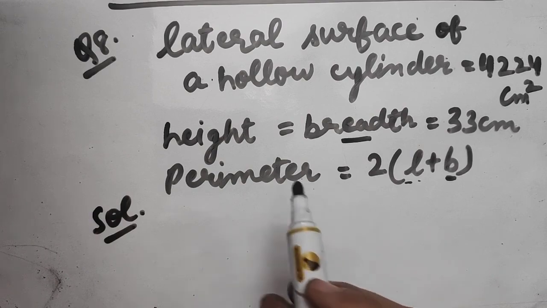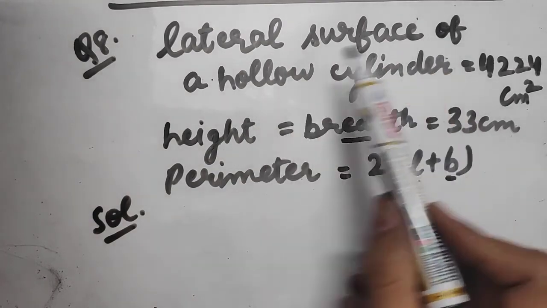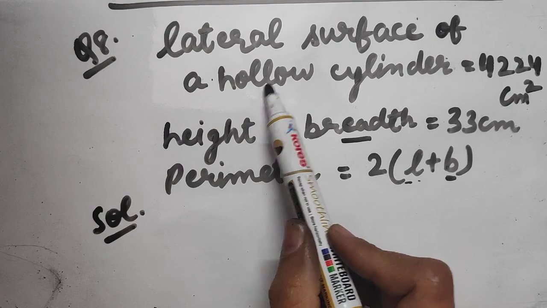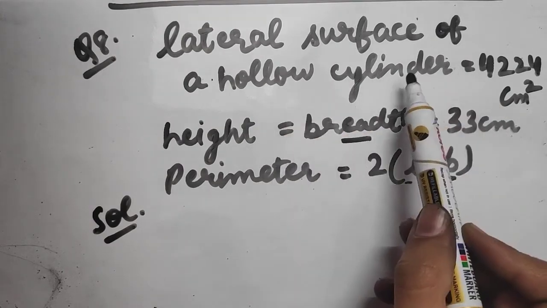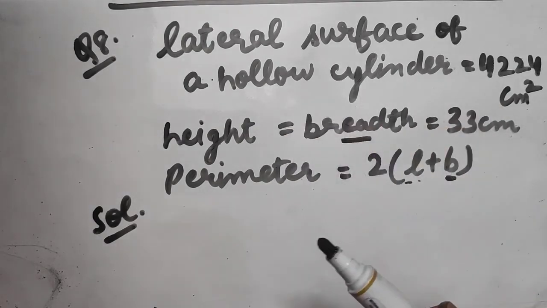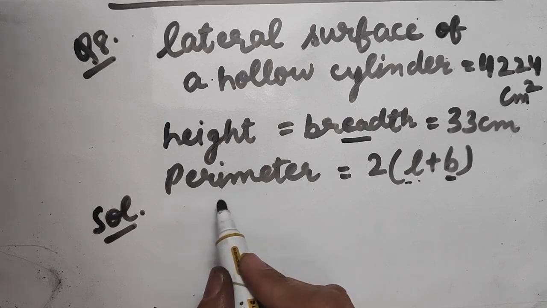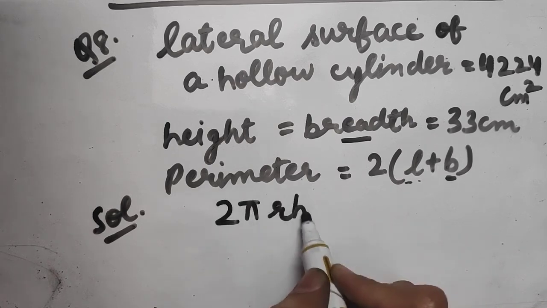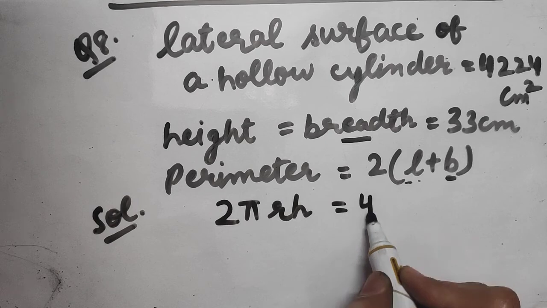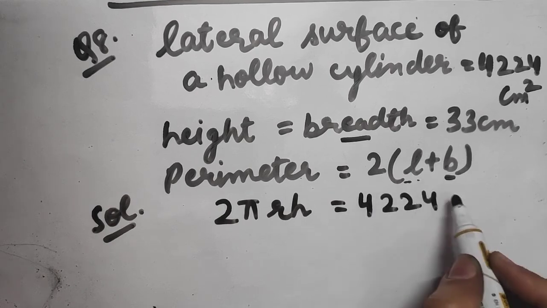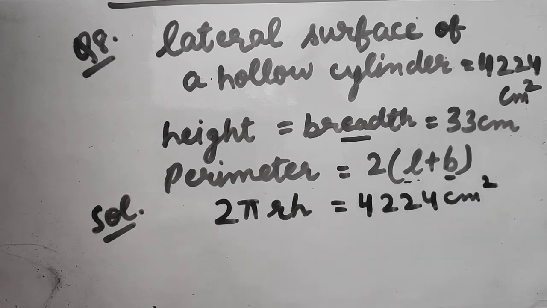Dear children, as the lateral surface area of a hollow cylinder is given to us, and we know that the lateral surface area or curved surface area of a cylinder is given by the formula 2 pi r h. So this is given to us as 4,224 centimeters square.